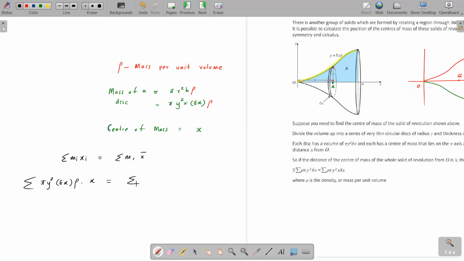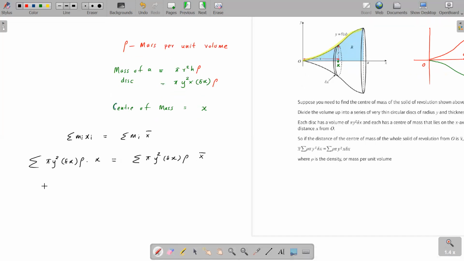Now, for the total mass, I don't know the total volume. So I will take the mass of a disk and take the summation. We will go the traditional way because we do not know the total volume. So pi y square delta x into rho and then x bar, right, guys?